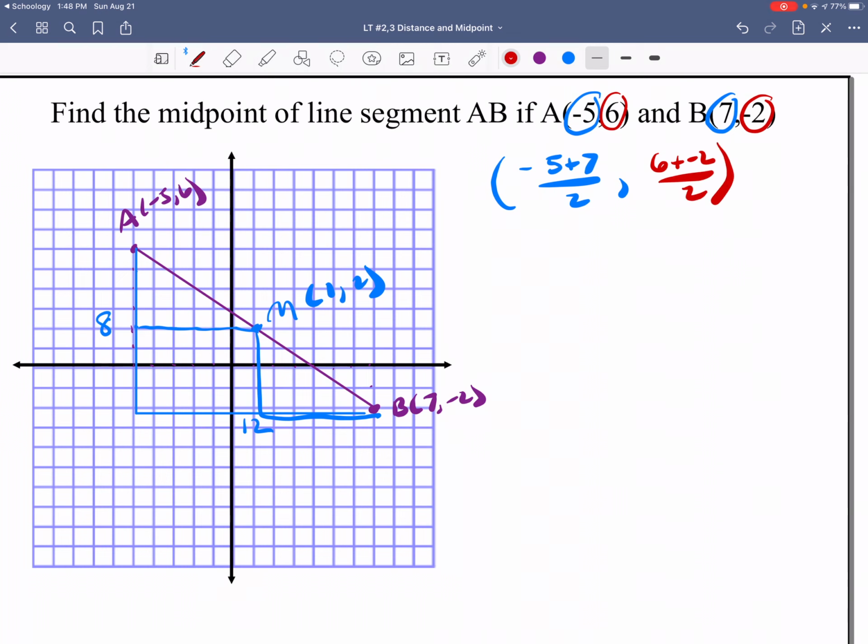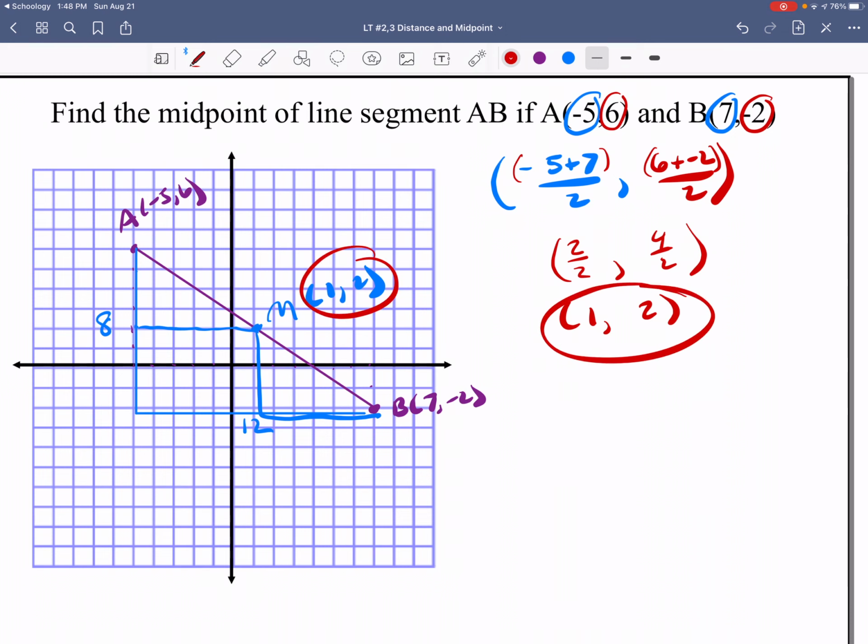Please keep in mind, if you want to plug all this into your calculator, you have to insert parentheses around the numerator, because the calculator will just take the last number divided by 2. But you want to get the sum answer and then divide by 2. So this is going to give you 2 divided by 2, which is 1. And then this is going to give you 4 divided by 2, which is 2. And 1, 2 is the midpoint.